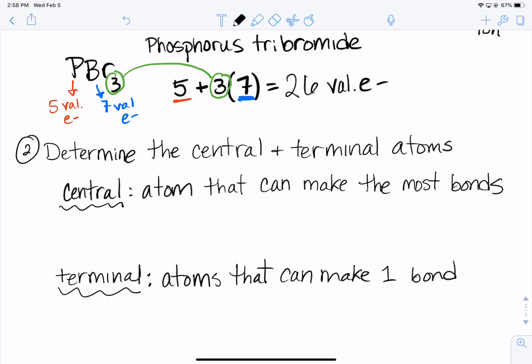So terminal means end or outer. Another way to determine what the central atom is: it has the lowest number of valence electrons.